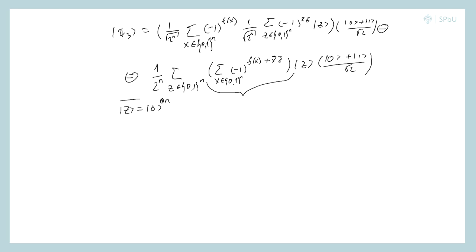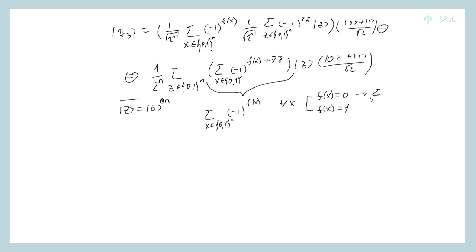Then the full amplitude is the sum over x of minus 1 to the power f of x, and for arbitrary x, if f of x equals 0 or f of x equals 1, then the amplitude equals 1 or minus 1.